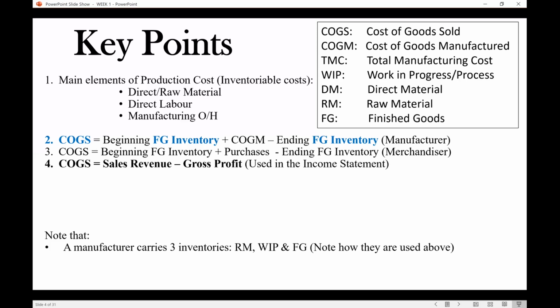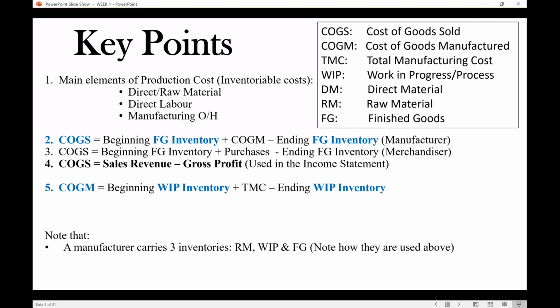So we can see, all right, we found how to find cost of goods sold. But in cost of goods sold, we have some other elements to find, and that's cost of goods manufactured. So to find cost of goods sold, you need to know cost of goods manufactured.